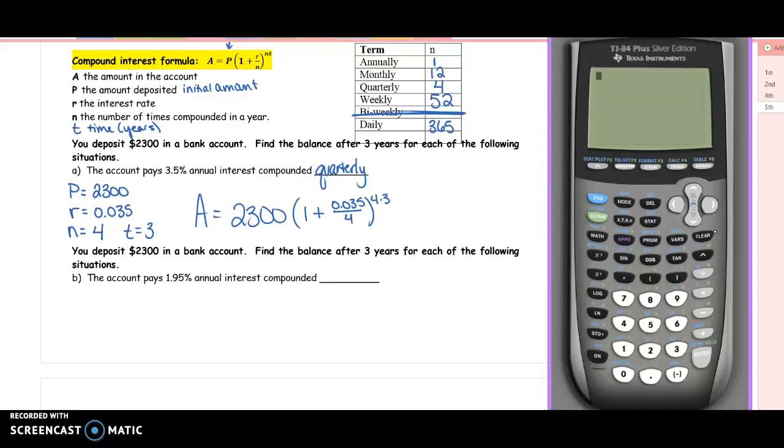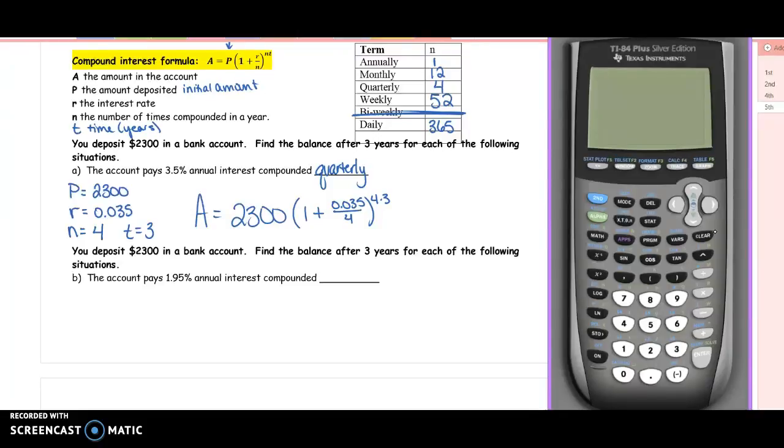If you do this all in one step, you need to put parentheses in exactly where you see them. If you do this step by step, you have to follow correct order of operations. So you would have to do 0.035 divided by 4, hit enter. Then add 1, hit enter. Then raise it to the 12th, because 4 times 3 is 12, and hit enter. Then multiply by 2,300 at the end.